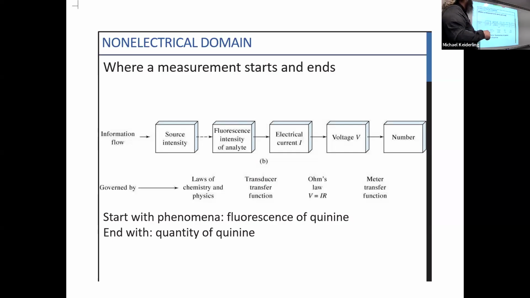Then the electrical current produced is determined by the transducer transfer function, the properties of the actual transducer. The voltage that corresponds to that electrical current is determined by Ohm's law. And then the meter transfer function tells you the number that you get out. So you start with some phenomenon, the fluorescence of quinine, and you end with a quantity of quinine, where there might be some calculations in there.